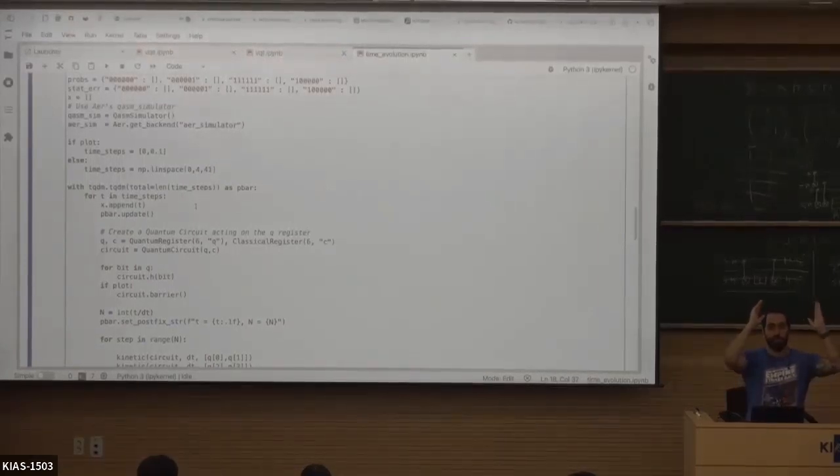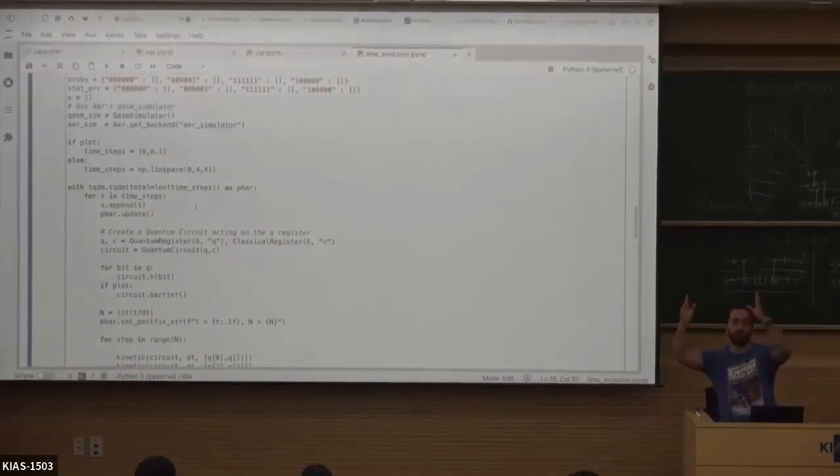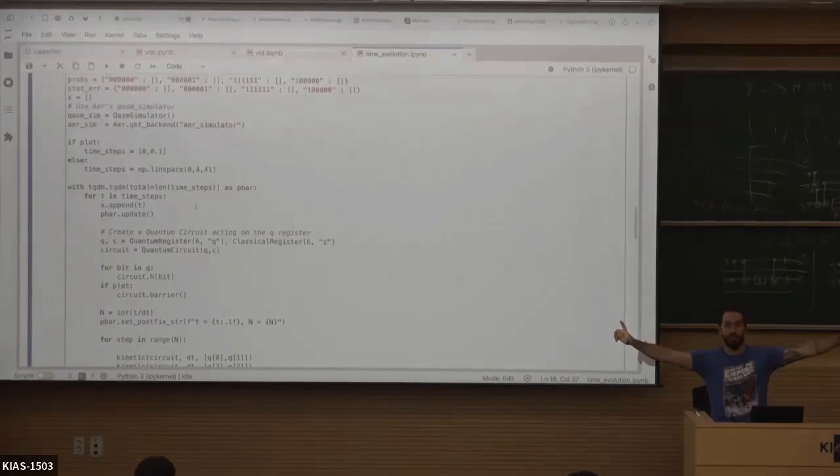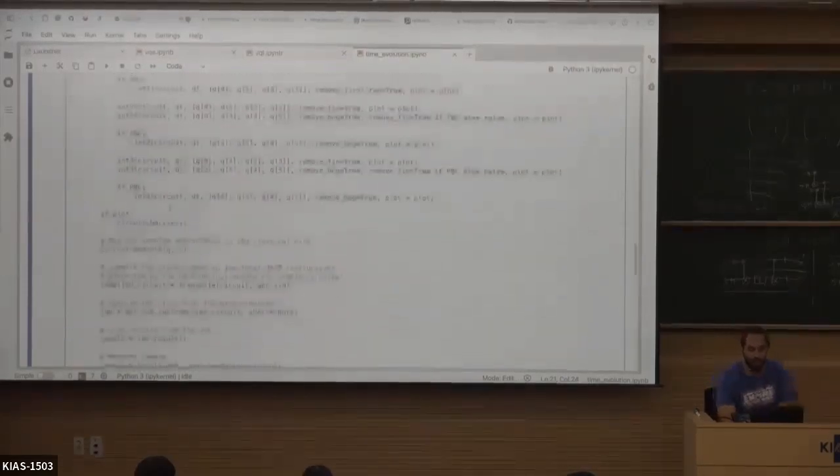For the first time step, I'm applying n times the Hamiltonian term. So for each and every time step, I'm going to apply a set of operators, so my circuit gets deeper and deeper at every single time step. And then for each and every time step, I'm just measuring and calculating my expectation value.